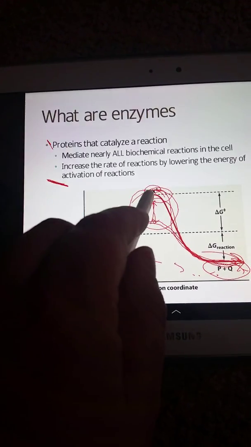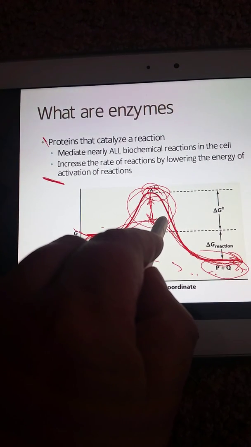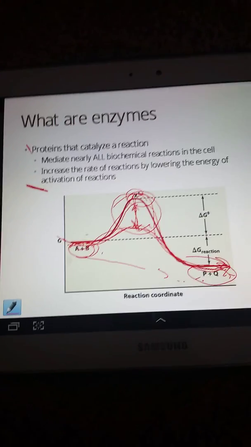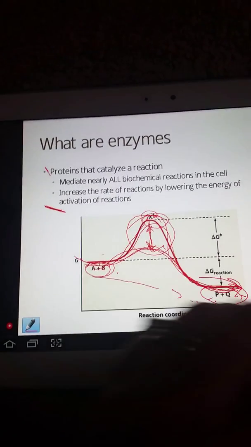But what enzymes can do is bring this energy barrier down so that at normal physiological conditions, this reaction will occur very quickly.